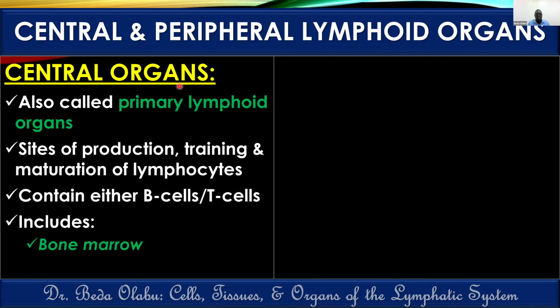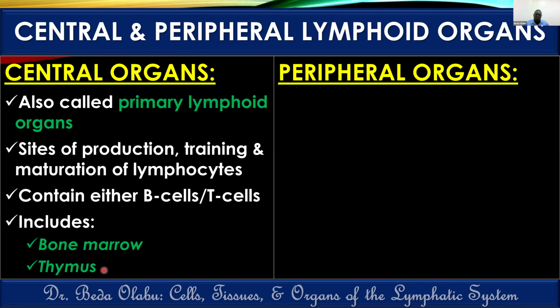When you talk of central lymphoid organs, we are referring to bone marrow, which will be housing the training and maturation of B lymphocytes, and thymus, which is the site of training and maturation of T lymphocytes. Those are the only central lymphoid organs. How about the peripheral lymphoid organs?